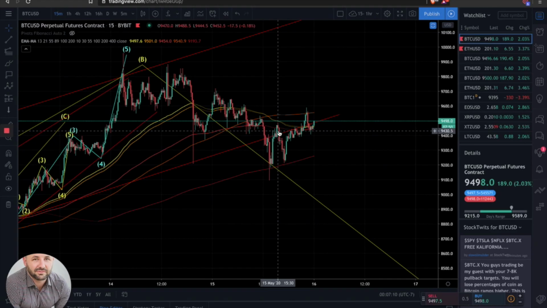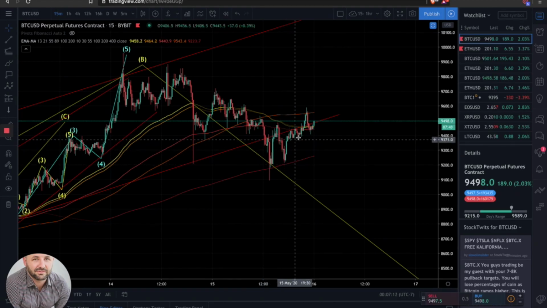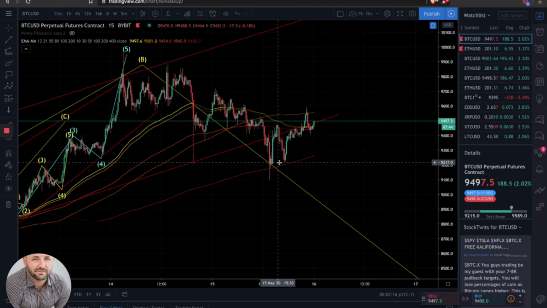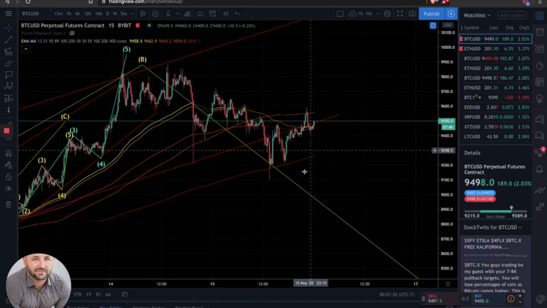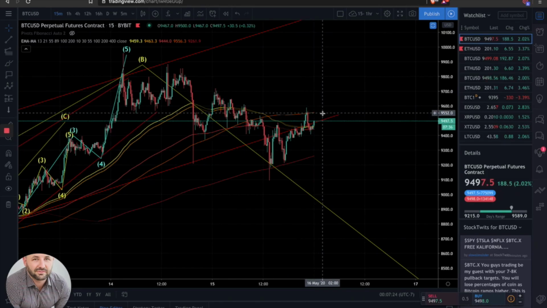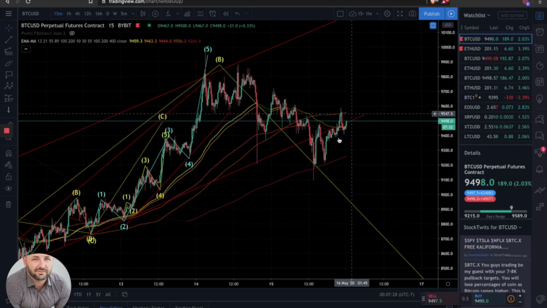Could make a 5-wave structure out of it, but right here it's not looking very promising to be a 5-wave structure for it to have confluence for a normal Elliott wave count. We still may pop up and test the CMA just like we did here, ultimately potentially get a rejection and come back down.